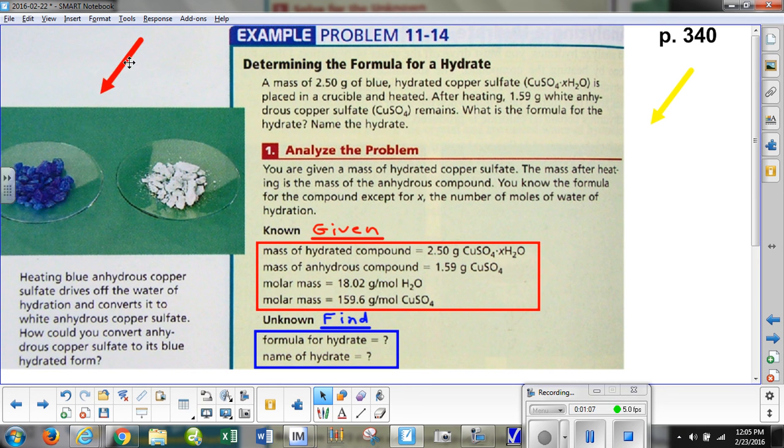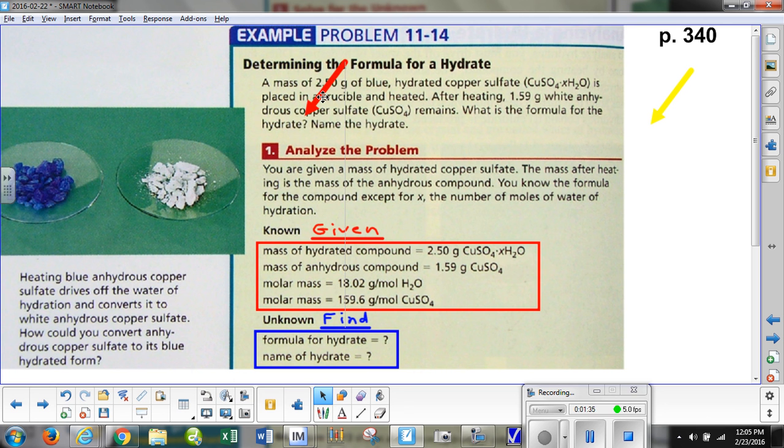So what we're doing now is taking an example of 2.5 grams of blue hydrated copper sulfate, and there's a name for that, and we'll get to that at the end of the example. After the heating, you see the heating is the event. That's what takes us from this to this. And so the white anhydrous copper sulfate remains.